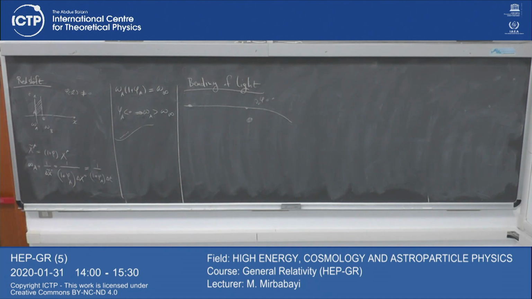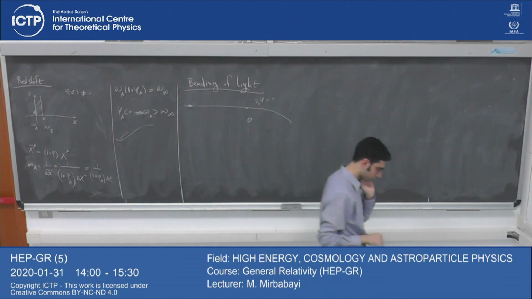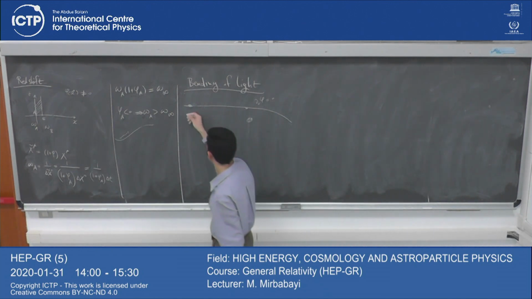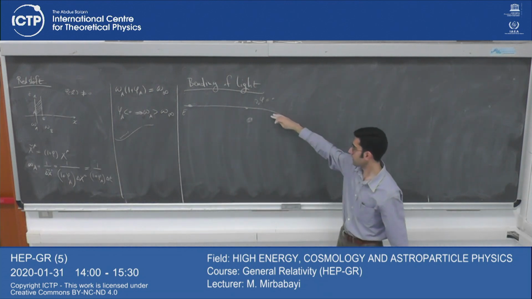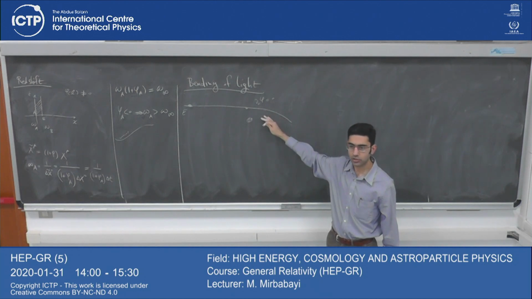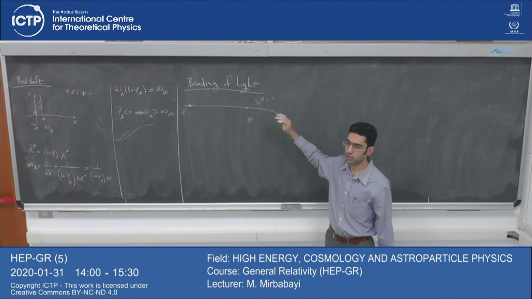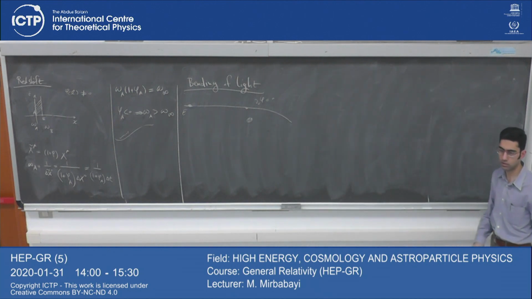The particle is sent from infinity, where phi is equal to 0, with some mass and some energy. And we want to calculate the trajectory of this particle in the weak field limit, meaning that we want to linearize in this phi.